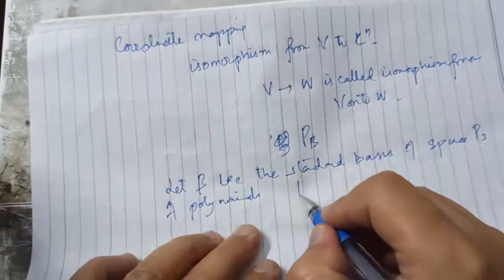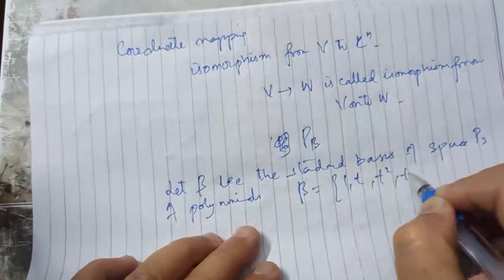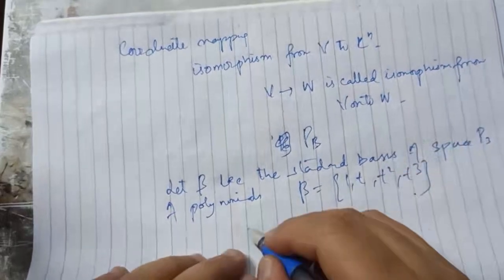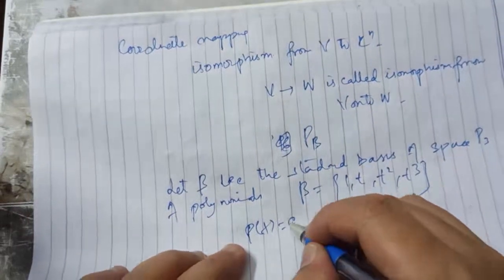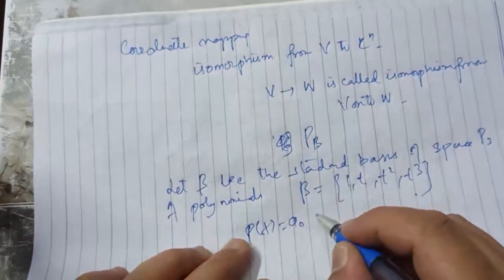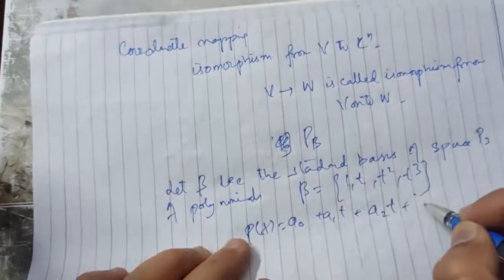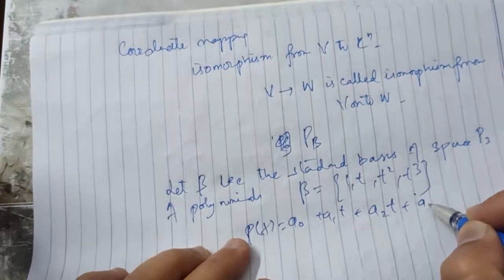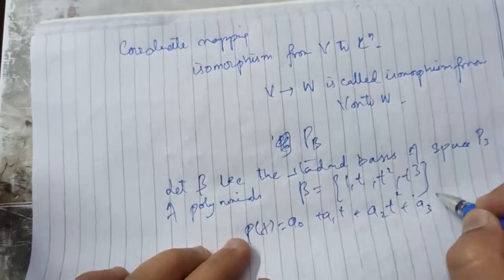So let's say B is equal to 1, t, t squared, t cubed, and P of t, any polynomial of t, can be written as a0 plus a1t plus a2t squared plus a3t cubed.